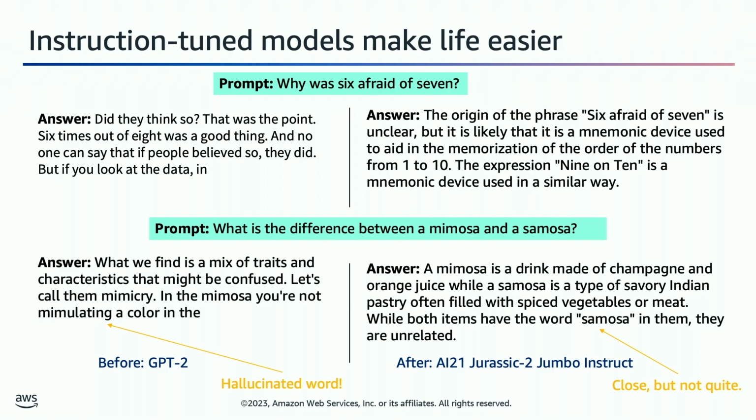Instruction fine-tuning refers to taking an instruction like tell me a story, generate a response, or explain something to me, and then having it give the answer. So it just provides the answer.